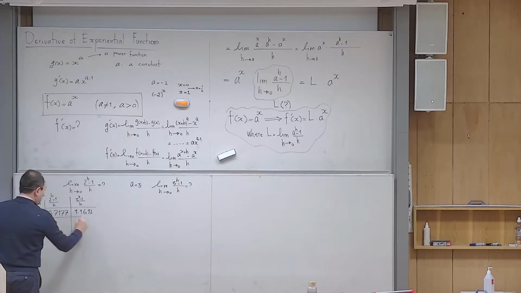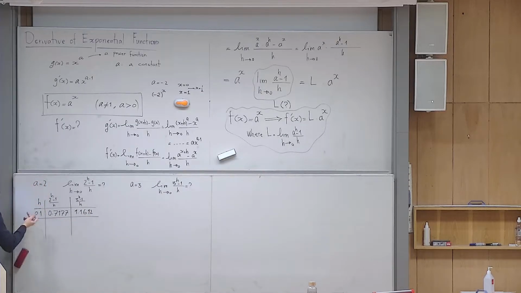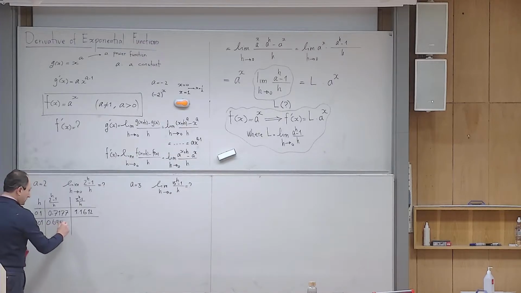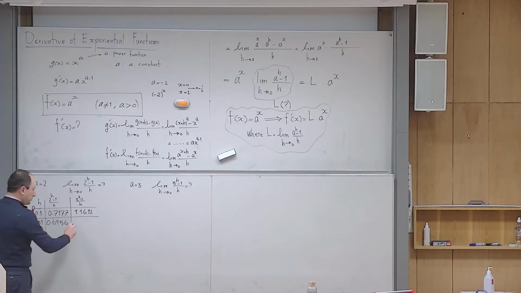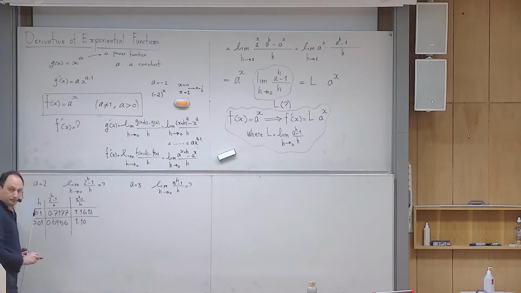And then I slowly make myself closer and closer to 0. For example, the next number that I have chosen is 0.01. And when I calculated, the values are these, if I haven't made any mistakes. Hopefully not. This is one number that I get for this function, and this is one number that I get for this function.